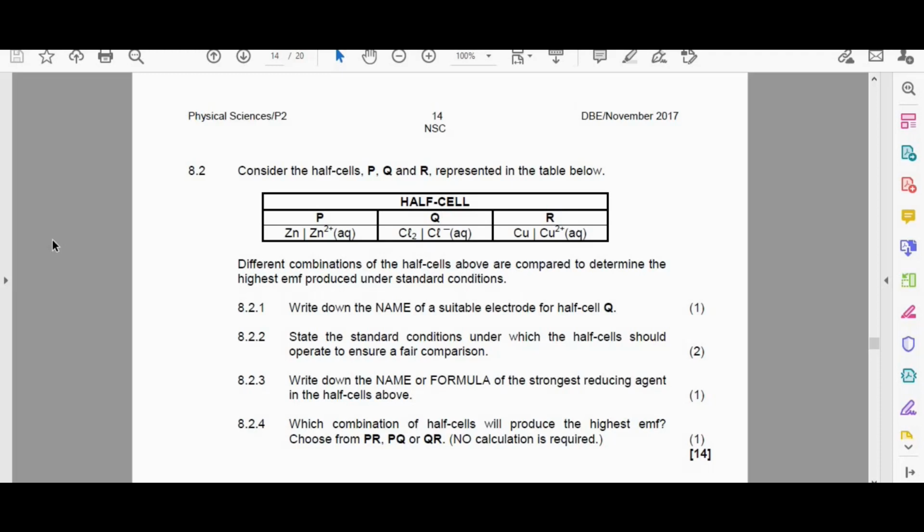We look at the values of the three half cells: zinc, chlorine, and copper 2+. I'm going to use table 4b. Zinc 2+ is negative 0.76. Copper 2+ is positive 0.34, so that's more of an oxidizing agent, because it will be more reduction.